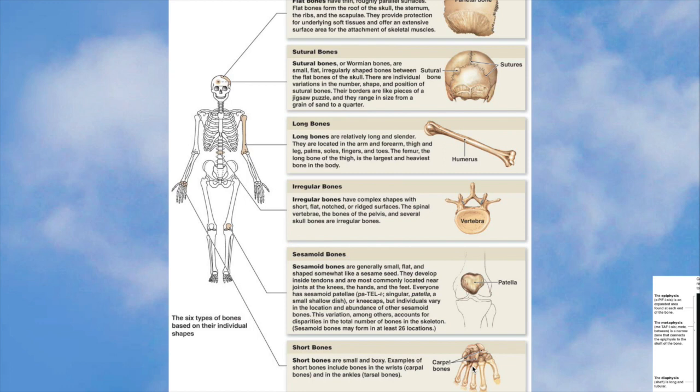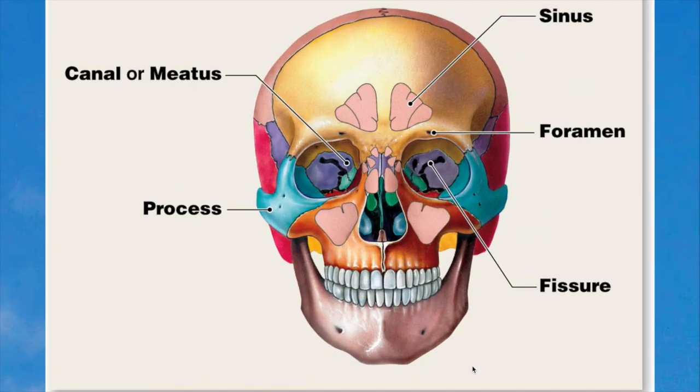Now, in addition to learning the bones, you're going to learn that there are several parts of bones. Like this here is a process. There are some holes here, fissures, foramen, sinuses, and these all have a purpose. These are called surface markings or bone features, and if there's an elevation or a projection like this, that's probably where a tendon or a ligament attaches.